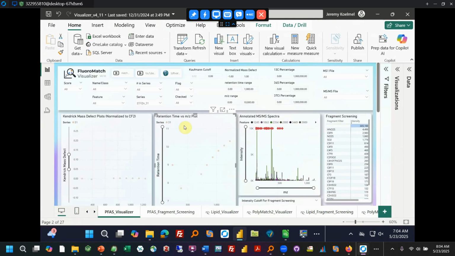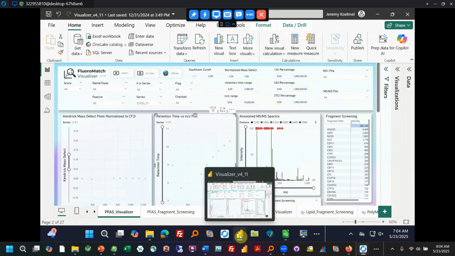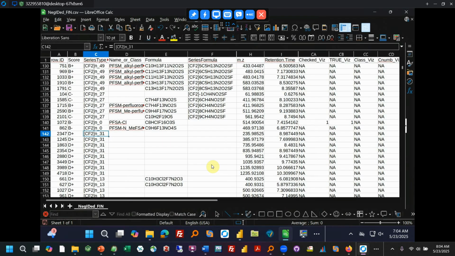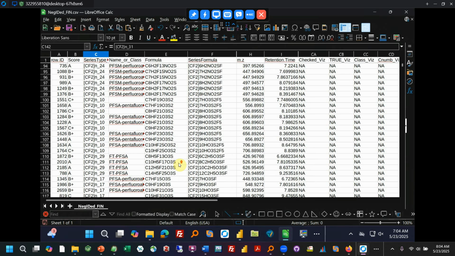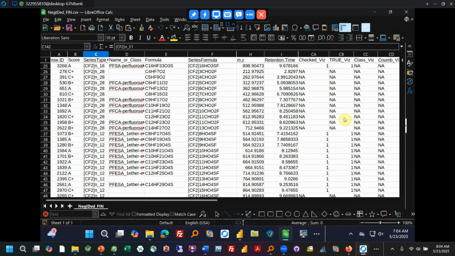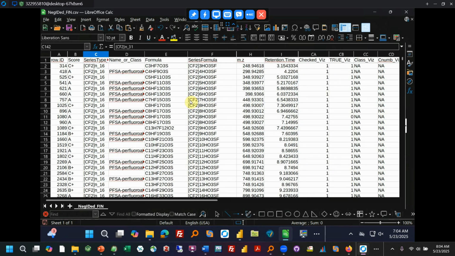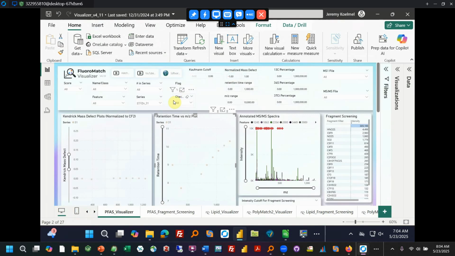Something else you can do to try to add confidence in whether something's a member of a series or not is take a series that you know is confident and overlay it. So for example, if we go to our table, we knew the PFSA series was confident, so we can scroll up to the top. That's 16, and we can overlay that. So let's take 16.